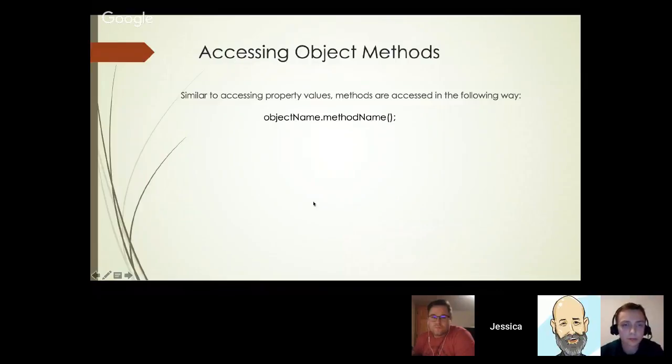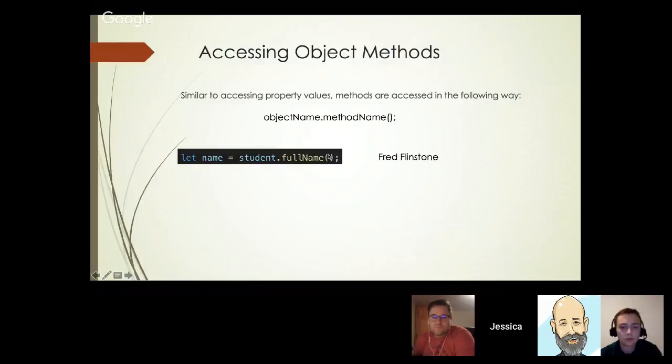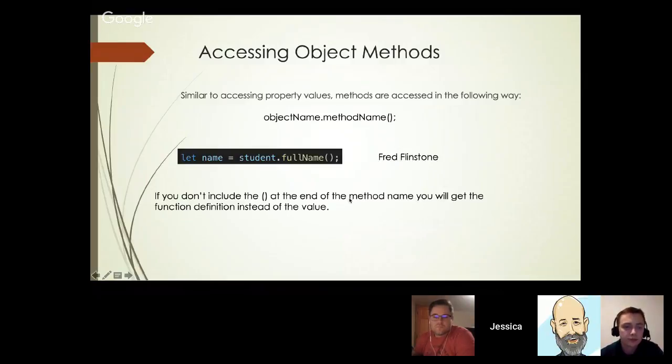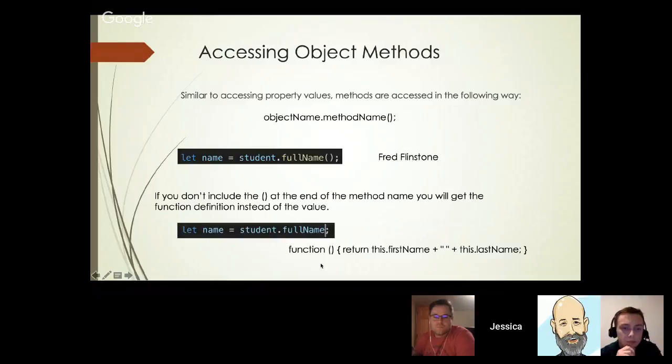To access it, you use the object name and method name. So we've got student.fullName, and you have to have the open and close parentheses to get it to work. If you don't include them, you will get the function definition, which might be useful if you're trying to debug something. But if you forget the parentheses, this is what would show up instead of the actual value.